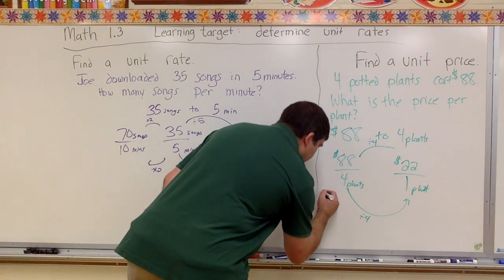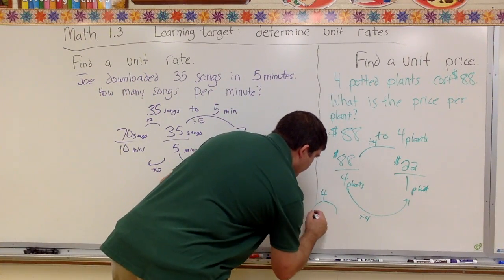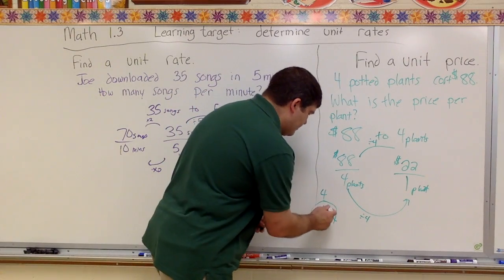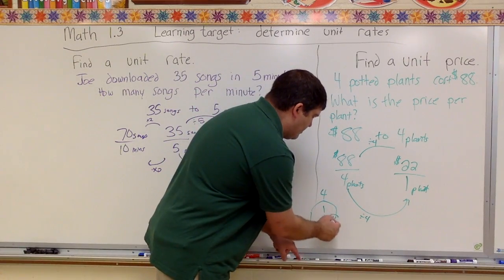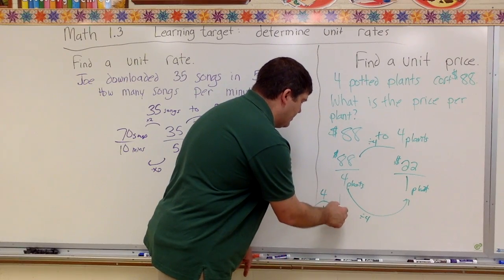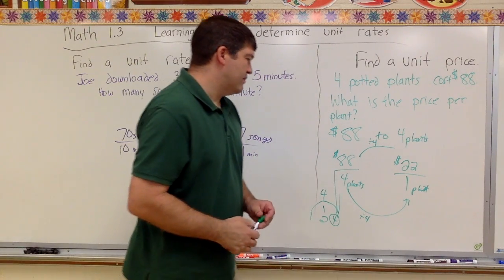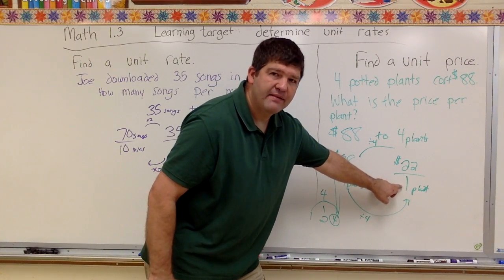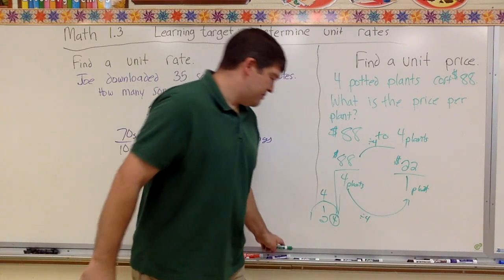And the way I could have done this was to find my greatest common factor, which is 4, goes into both 4 and 88. So 4 is my greatest common factor. Divide each by 4, gets me down to 1 plant, costing $22.